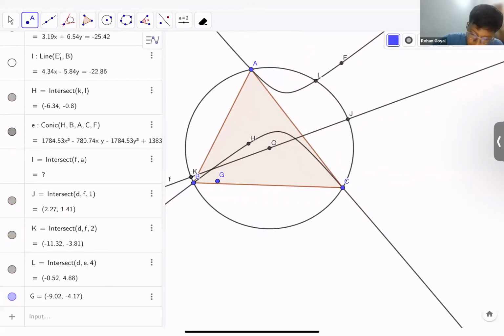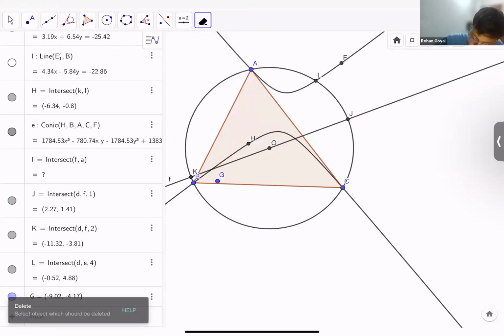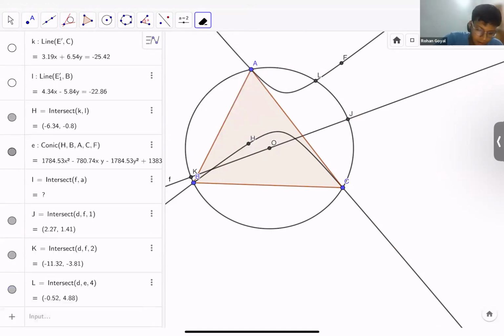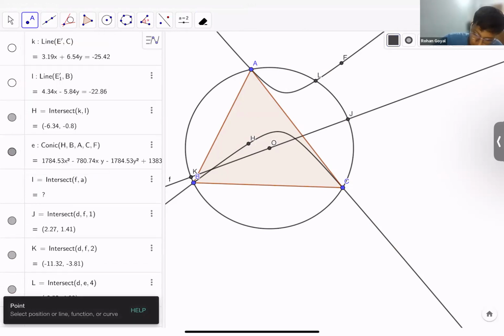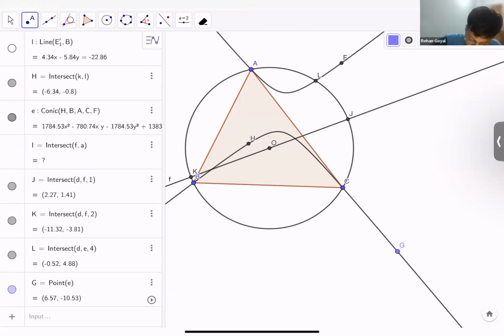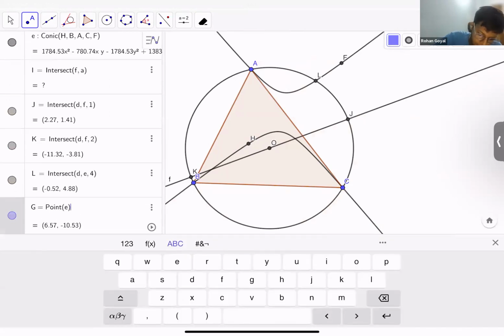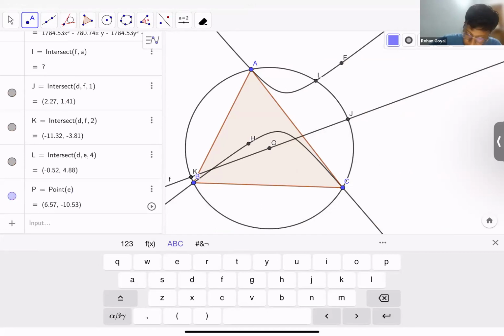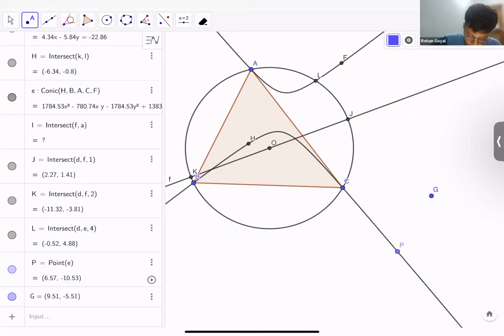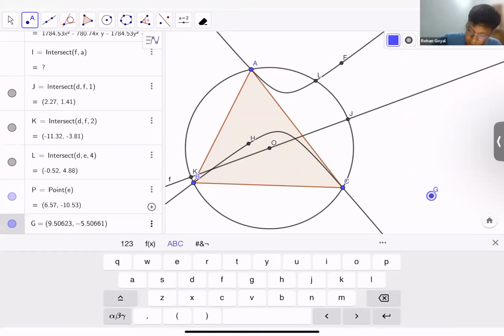Okay. What is G even? Okay. So, a point of the hyperbola, say here, this is P. Yeah, point P. Why is there always a G coming up?